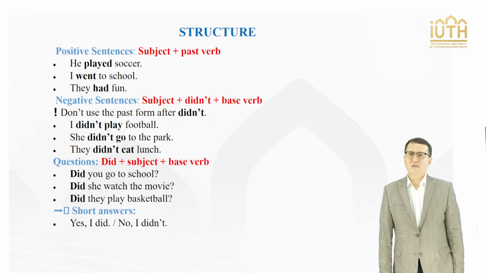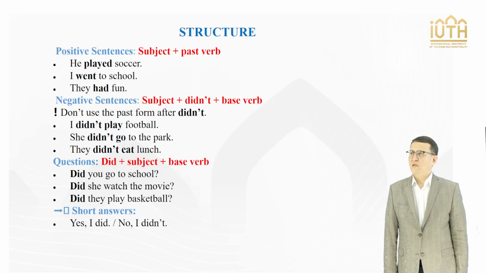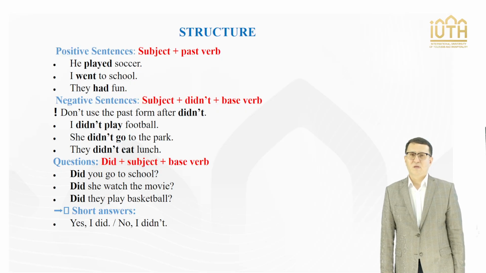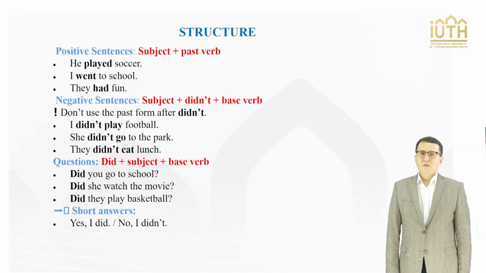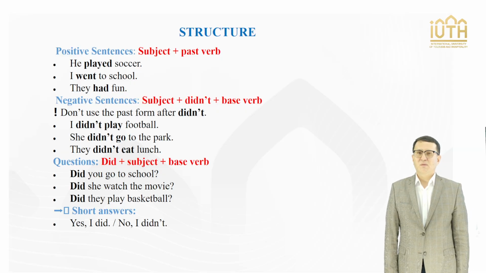So let's discuss the structure of the past simple tense. Positive sentences, subject plus past verb. For example, he played soccer. I went to school. They had fun. In negative sentences, the sentence structure is subject plus did not, or in short form we say didn't, plus base verb.